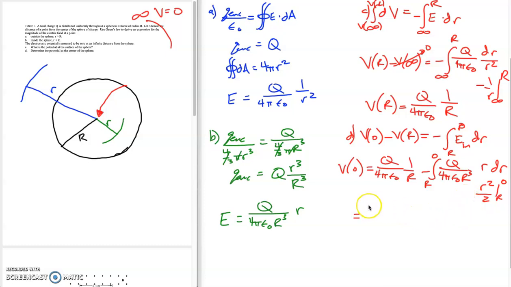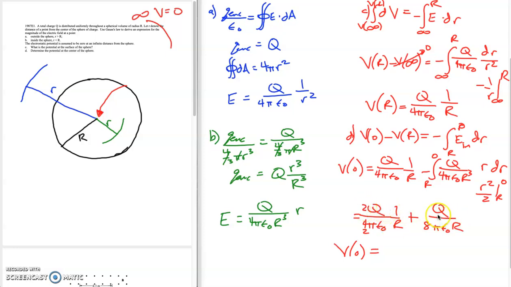So we're going to have Q over 4 pi epsilon naught 1 over R, and the minus from the lower limit and the minus from the integral is going to become a plus Q over 8 pi epsilon naught R. So we're going to have to multiply that by 2 and that by 2.